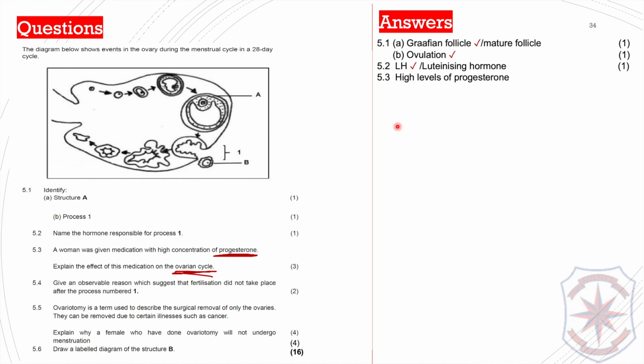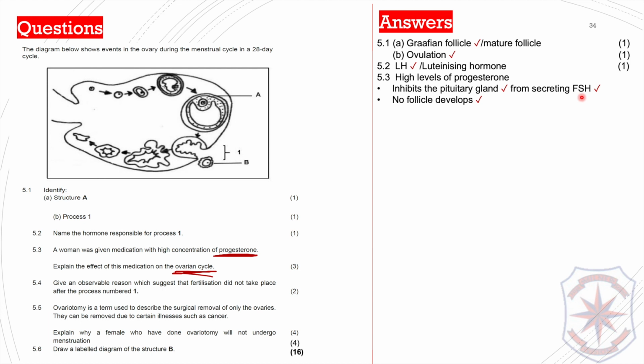Okay, so let's look at the answer. 5.3. High levels of progesterone will do what? Inhibits the pituitary gland, 1 mark, from secreting FSH. Remember, we said when progesterone levels are high, the pituitary gland assumes that the woman is pregnant, so it will secrete less FSH. Then, if we have less FSH, then no follicle will develop.